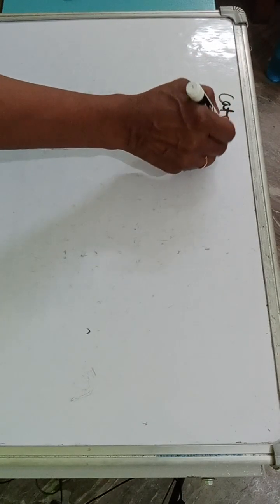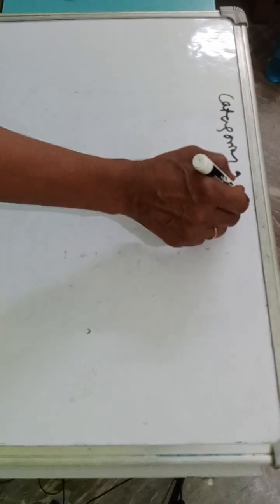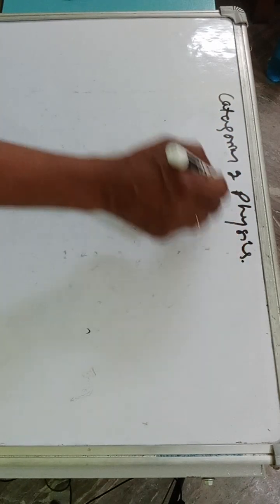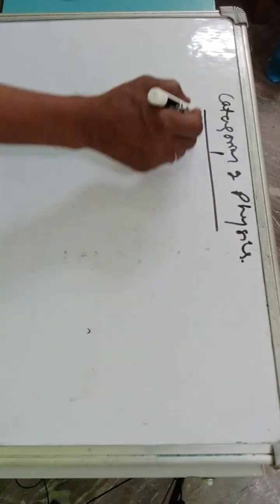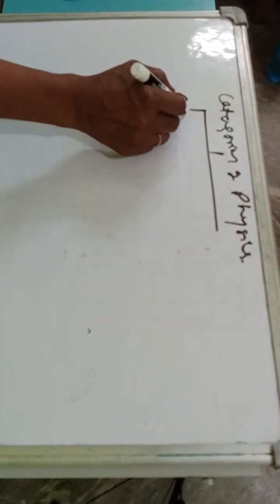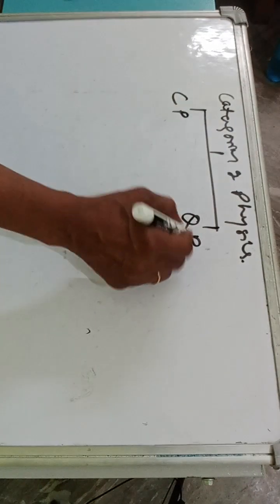Next is categories of physics. Physics is categorized into two major categories: one is classical physics and another is quantum physics.